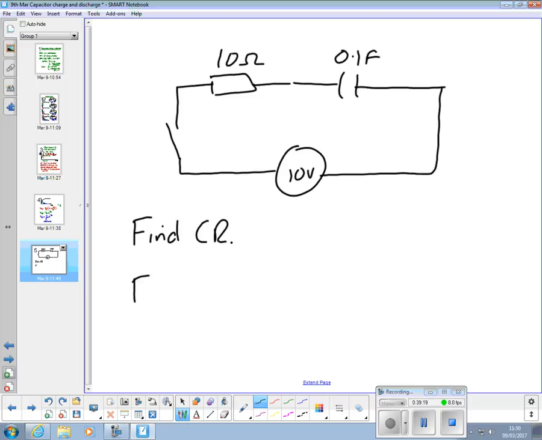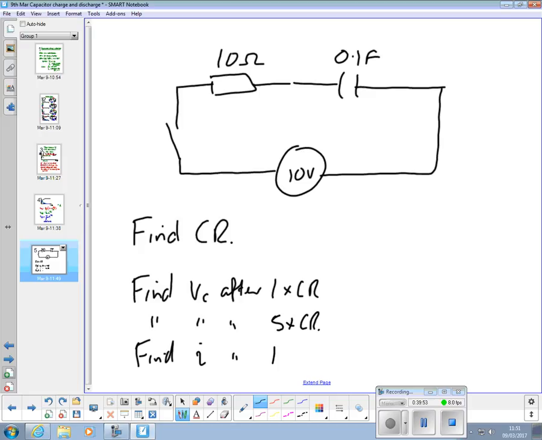We'll find VC after 1 times CR and find VC after 5 times CR. And we'll find I after 1 times CR as well.